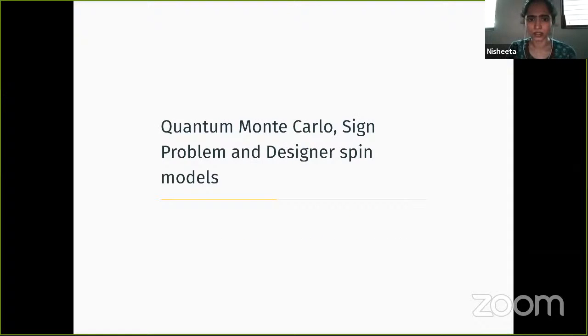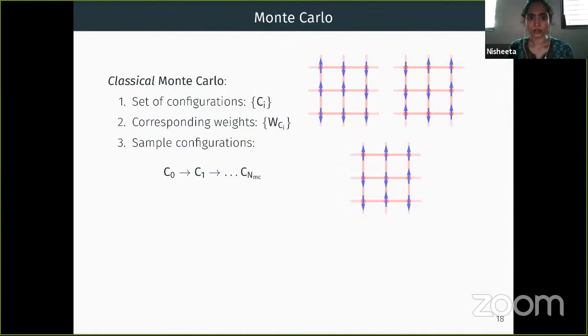So now I'll talk a little bit about quantum Monte Carlo and how the sign problem comes in our case. This is just a small introduction to Monte Carlo. You have a physical system with a number of configurations. Each configuration has some weight, and you're trying to sample the configurations with corresponding probabilities.